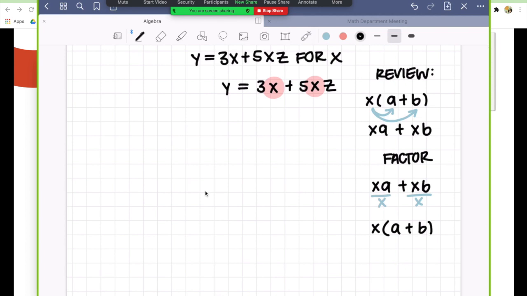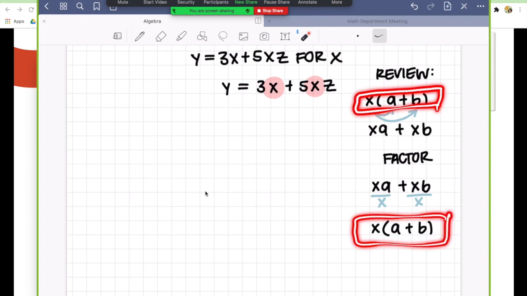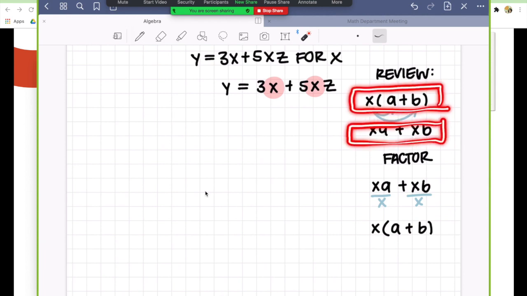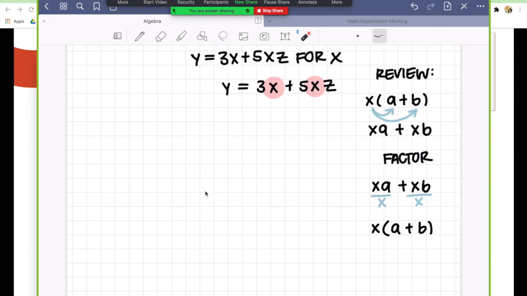As you can see here, it's literally the same thing as the distributive property, but in the opposite format. Normally, we have the parentheses come in first and then distribute the expression. But in this case, the expression is already distributed, and I want to create the parentheses by factoring out the x and moving that x to the side.